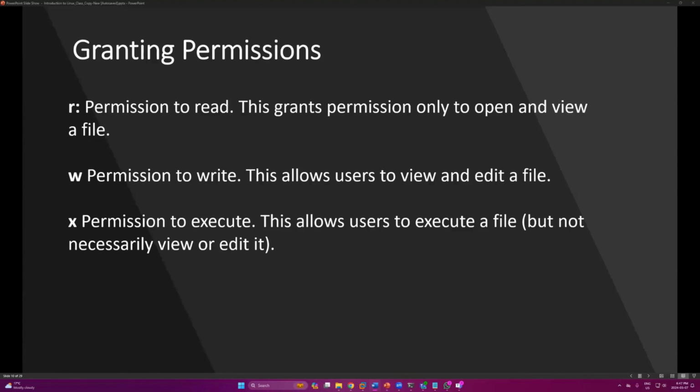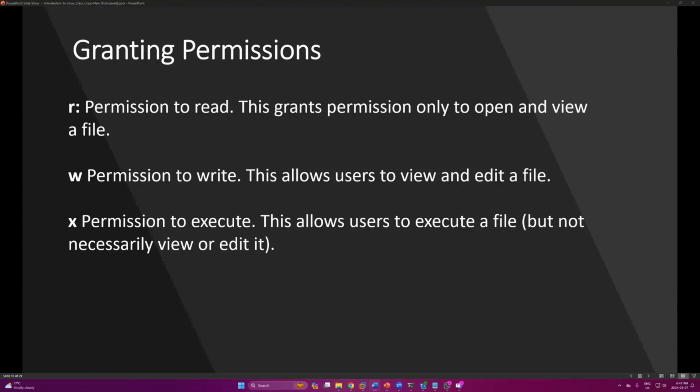Each and every file and directory must be allocated a particular level of permission for different identities using it. There are 3 levels of permission, which are read, write, and execute, denoted by R, W, and X. Right. So R stands for read, W for write, X for execute.